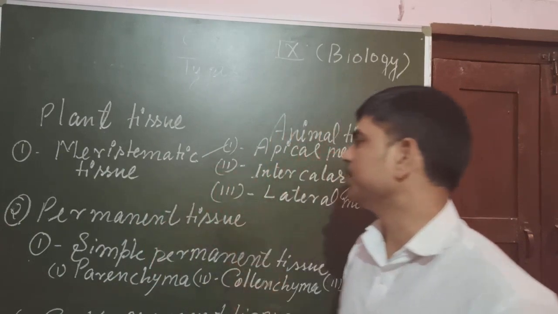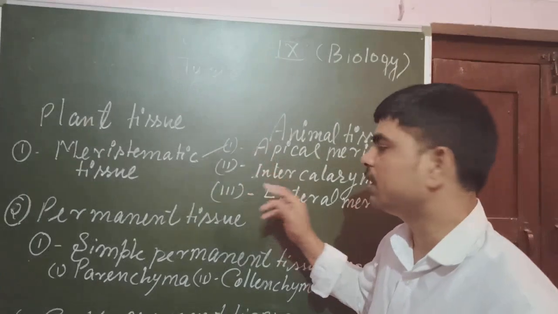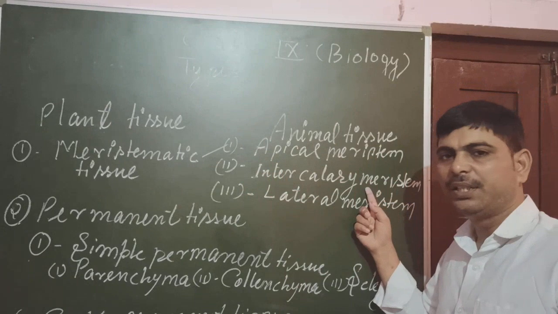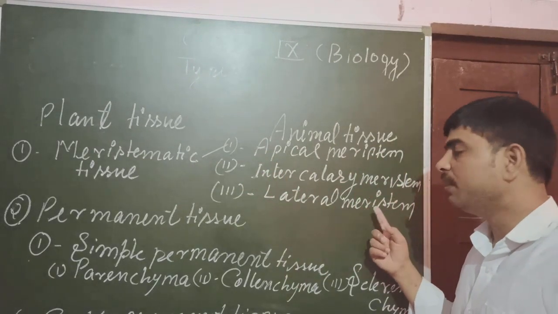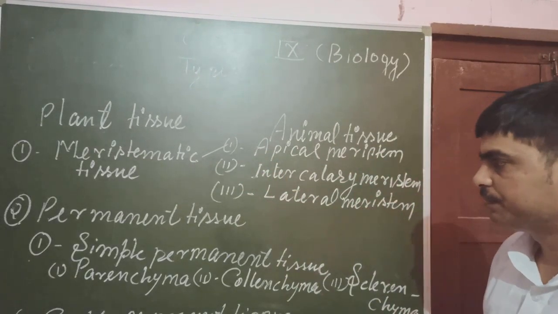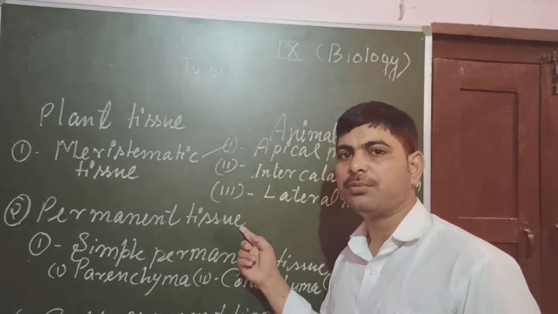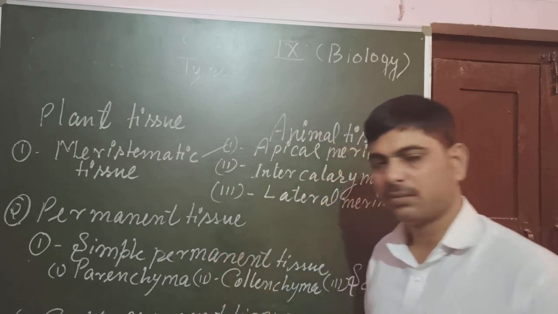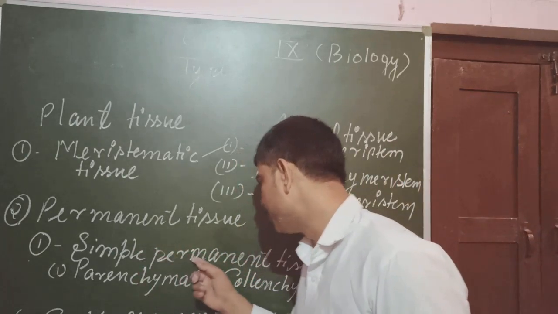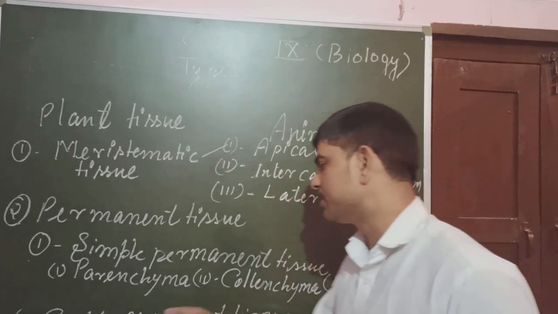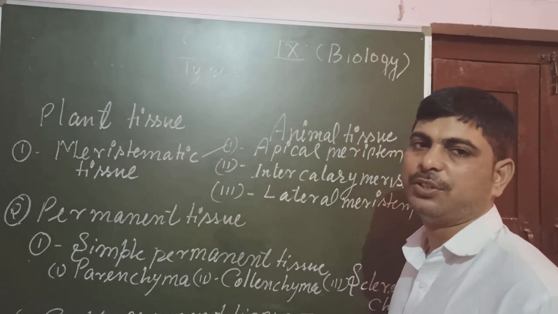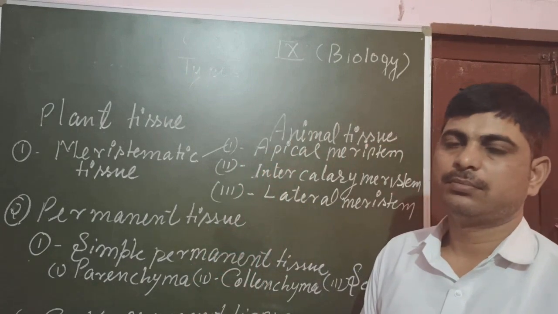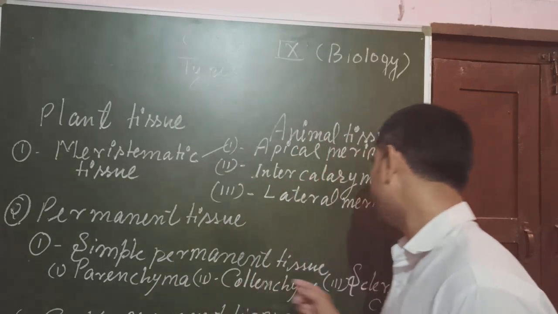This meristematic tissue can be divided into 3 categories: apical meristem, intercalary meristem, and lateral meristem. This permanent tissue is also divided into 2 broader categories. One is the simple permanent tissue and second is the complex permanent tissue.